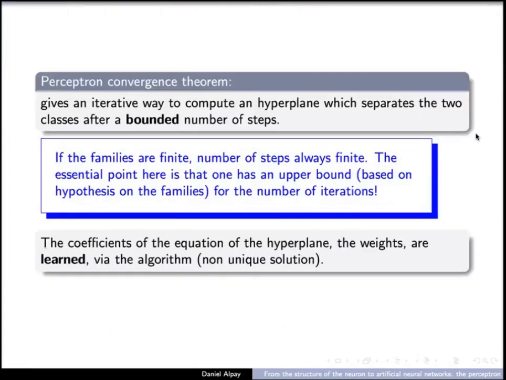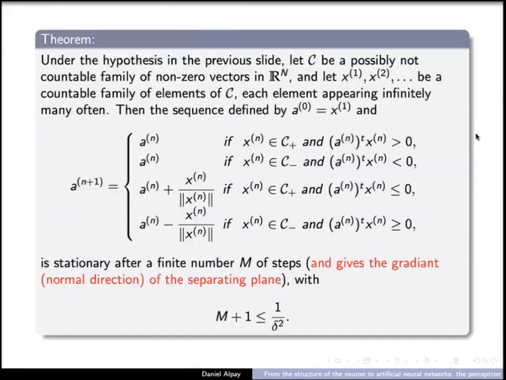Okay, so I just repeat myself here that we want a bounded number of steps. And what is the algorithm? It is an iteration. So you start with, let's say, A0. If it works, fine.